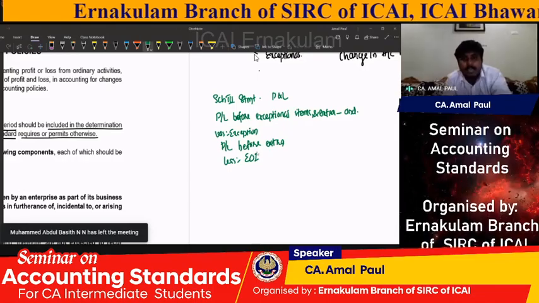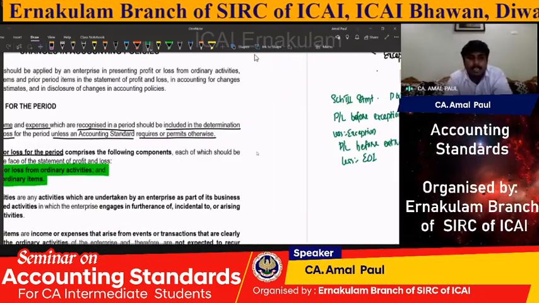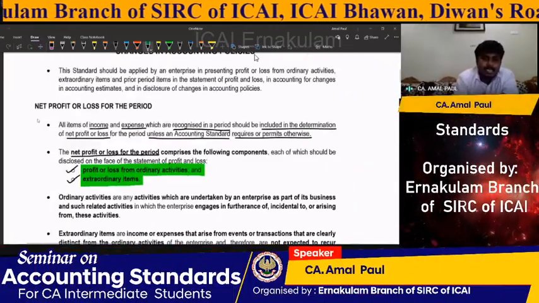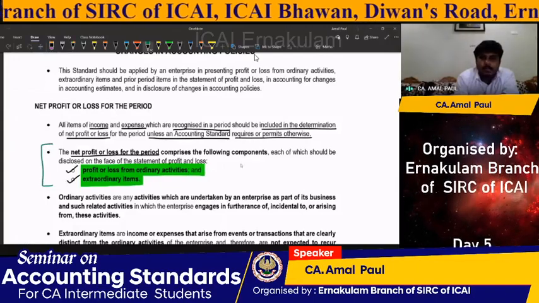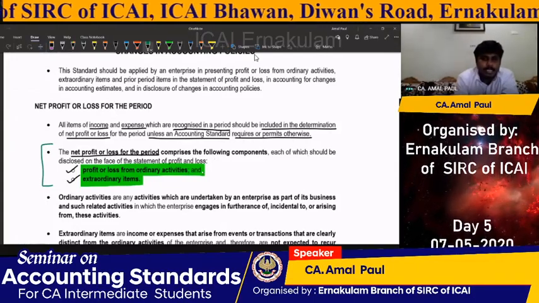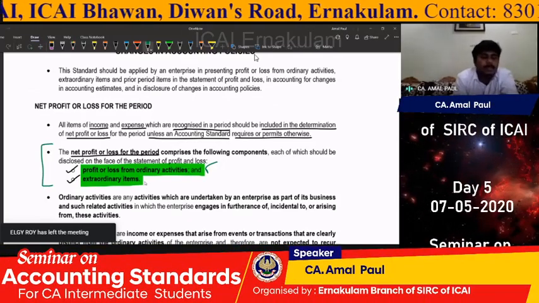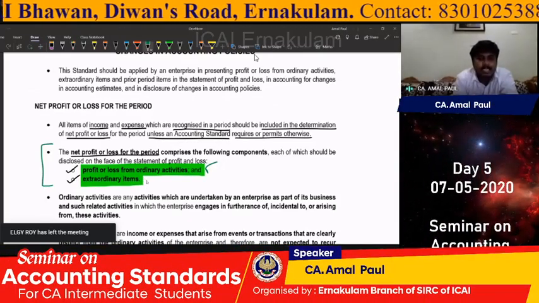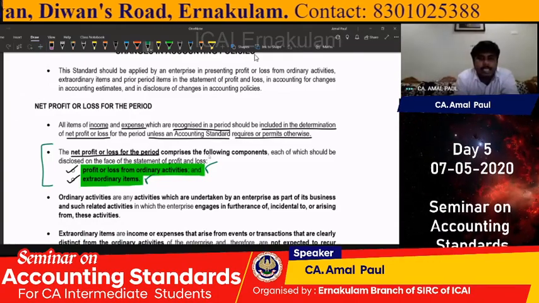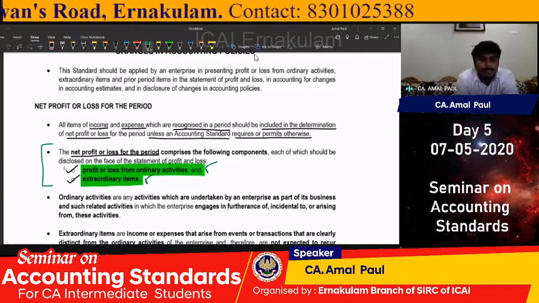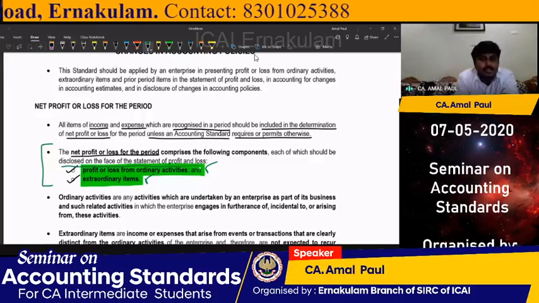Likewise, they have given a presentation in accordance with this guideline, that is, net profit or loss from ordinary activities needs to be specifically segregated from extraordinary items. Each component should be disclosed on the face of the statement of P&L.